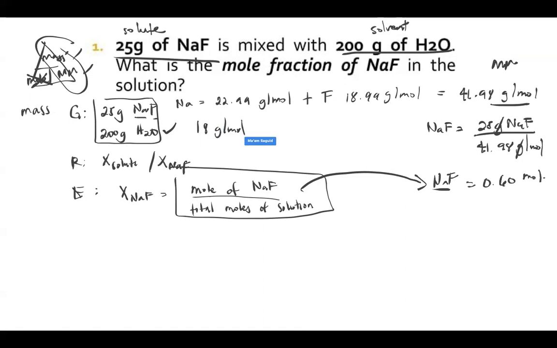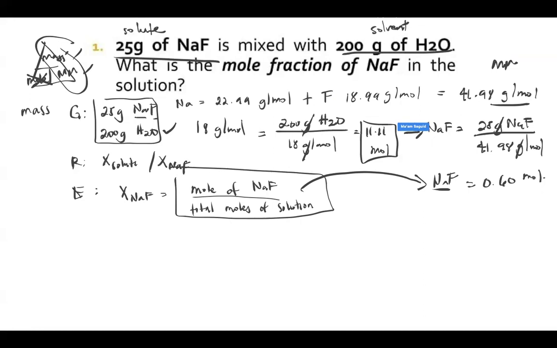Now do the same thing that we did earlier. We divide 200 grams of water over 18 grams per mole. And how much is that? 200 grams divided by 18 grams per mole is 11.11 moles of water. The grams cancel out to give the moles of the water.